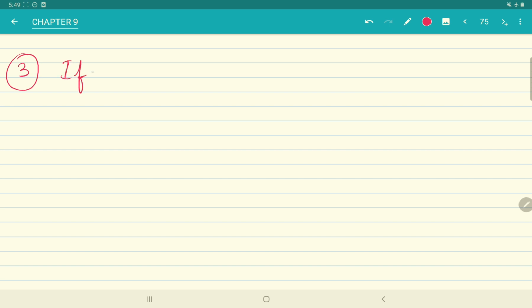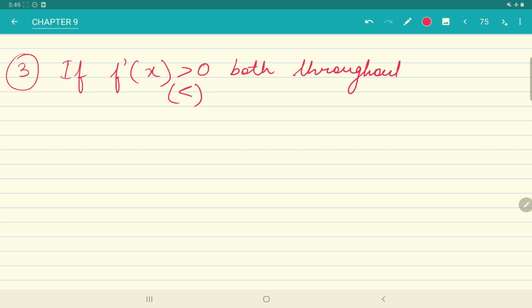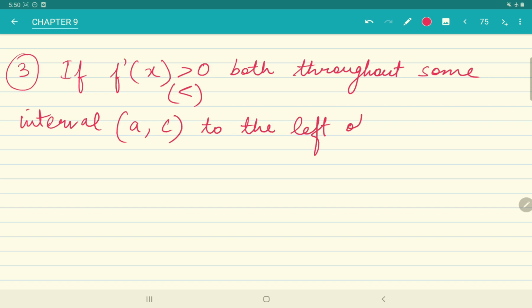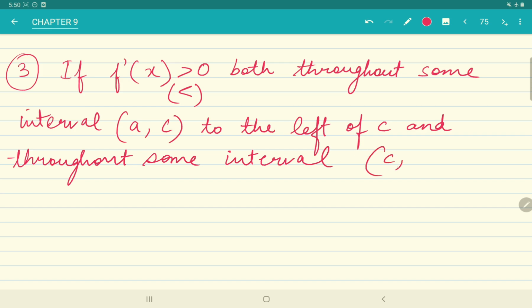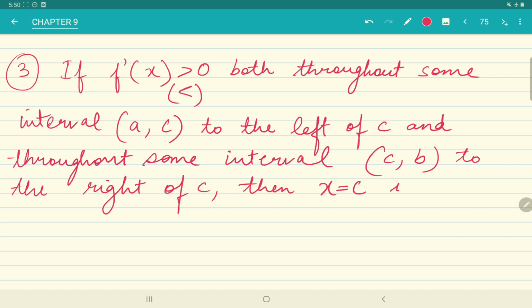So I can say that if f prime x is greater than 0, or I can just write it like this, both throughout some interval a to c to the left of c and throughout some interval c to b to the right of c, then x is equal to c is not a local extreme point.